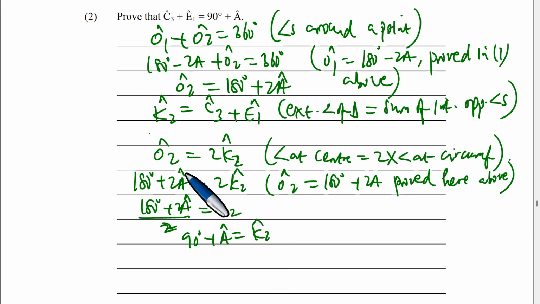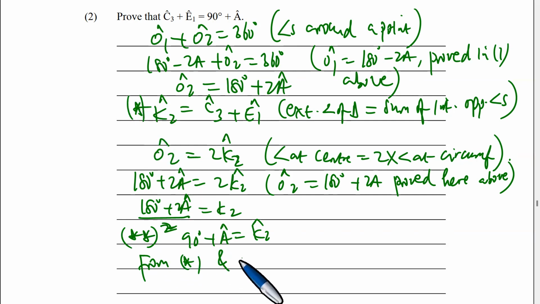Okay, this angle here, you can call this one star and this one double star. So from star into double star, you have that K2 is equal to K2.